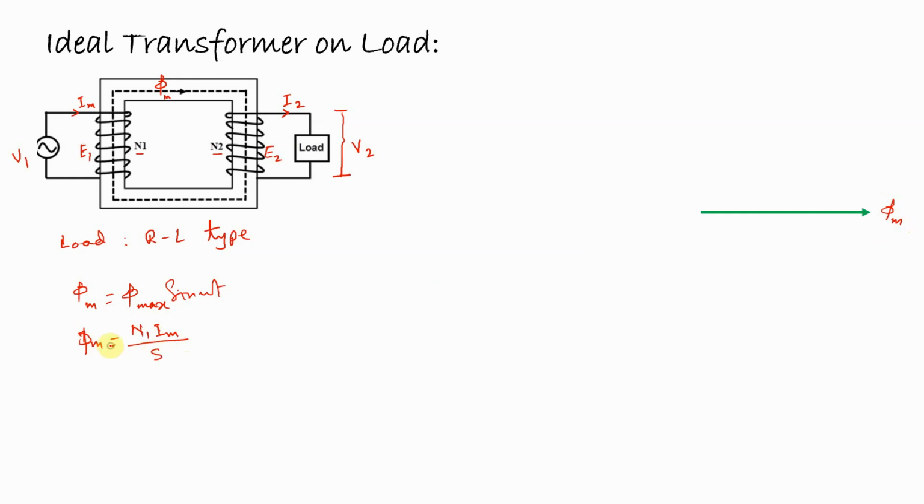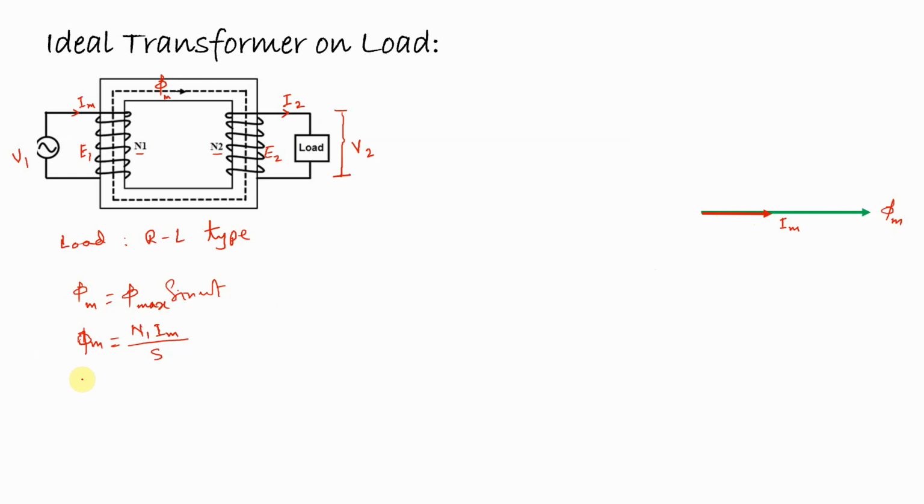So the magnetizing current will also be in phase with phi m. So here it is Im. That is the magnetizing current which is responsible to create phi m.